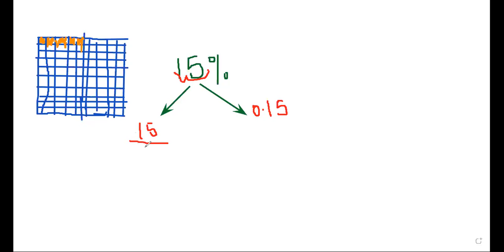So it will be 15 over 100. 100 means you can see 2 zeros in the denominator, which means the decimal point will be after 2 digits, so the answer will be 0.15. This is how we can change a percent from fraction into decimal.